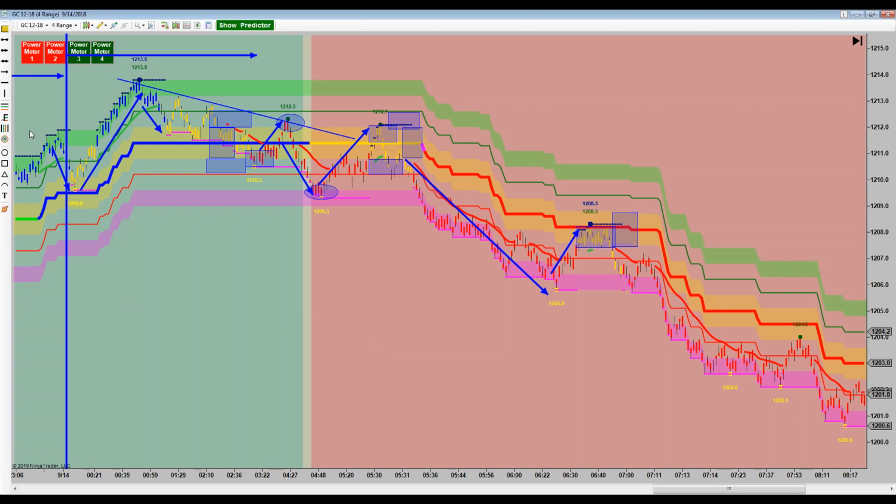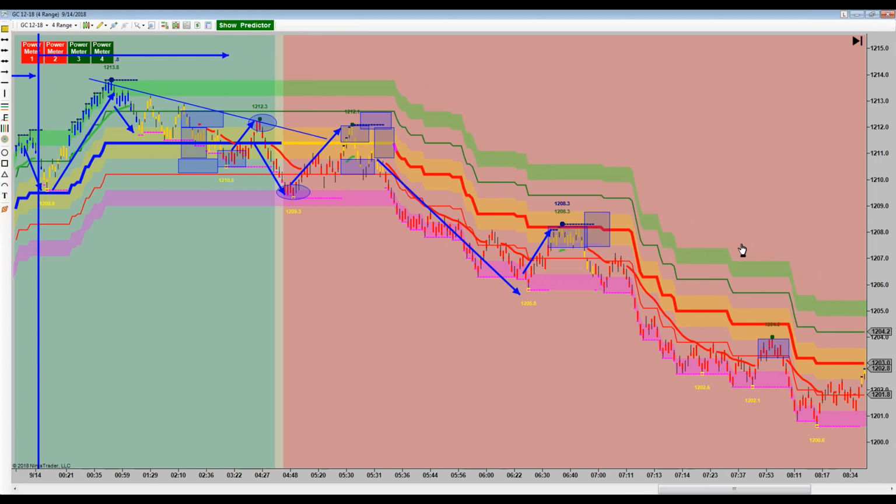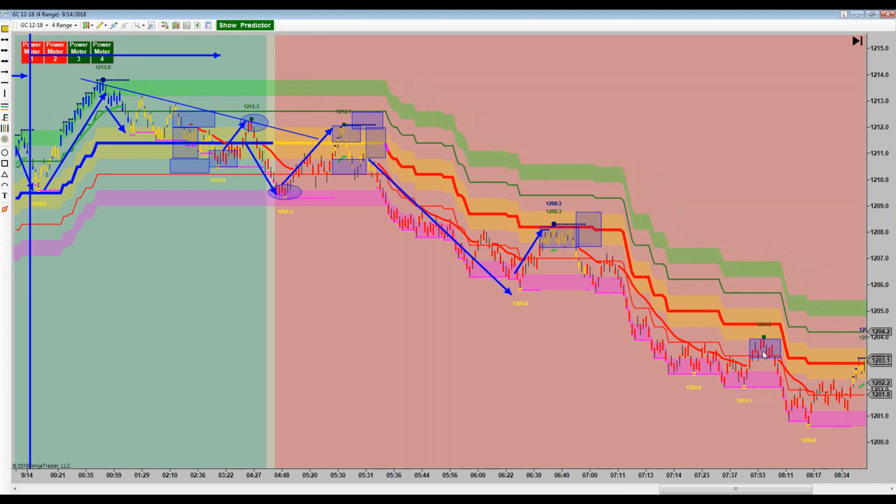All right, now let me ask a different question. Is this a legitimate short trade, yes or no? This box right here. By our definition, is that a legitimate short trade, yes or no? 5 seconds on the clock.